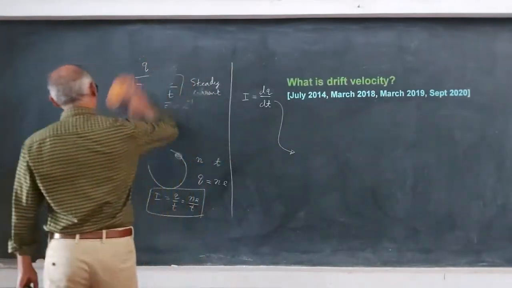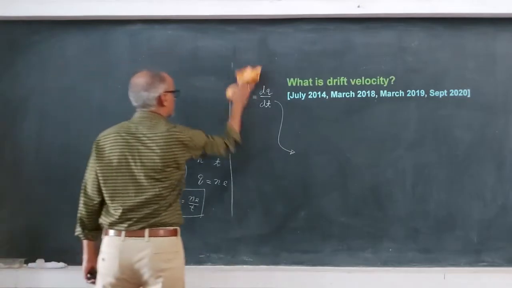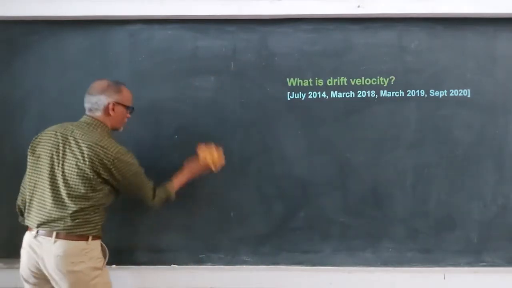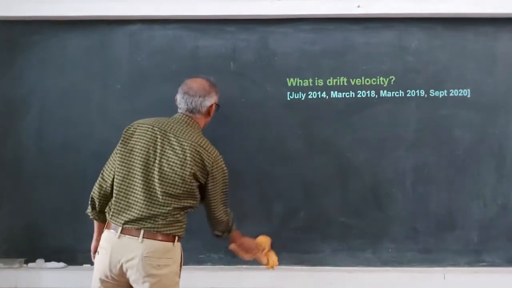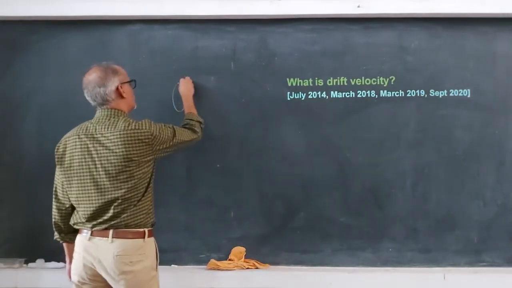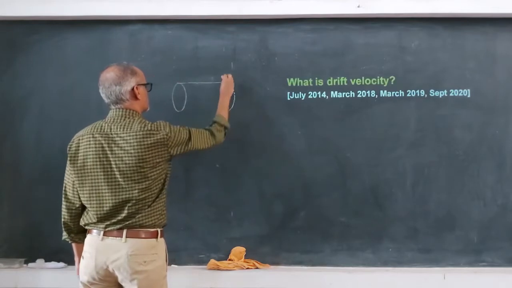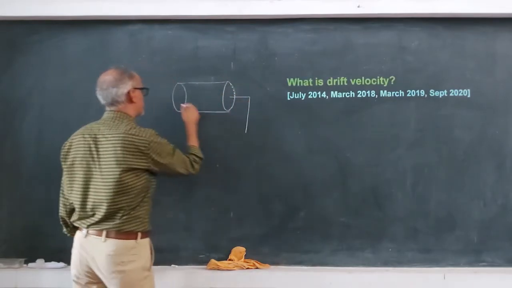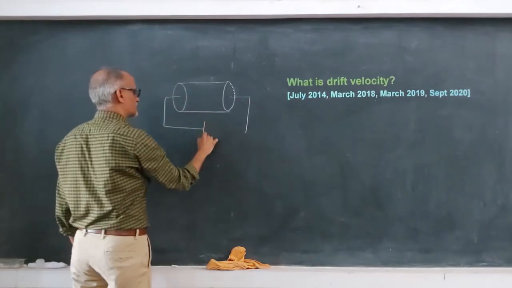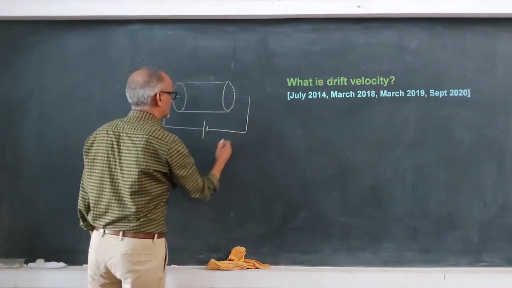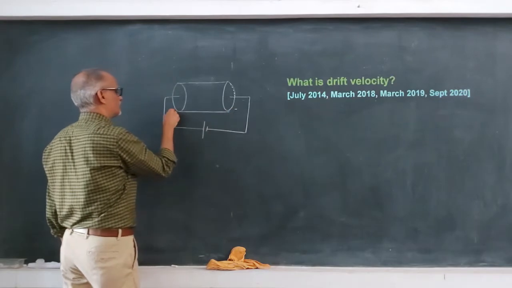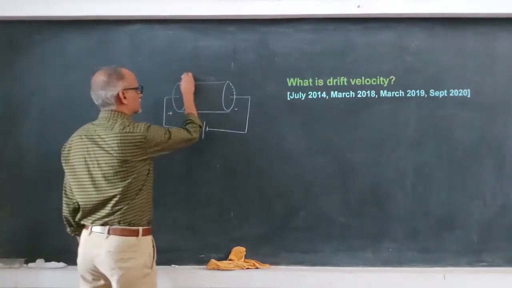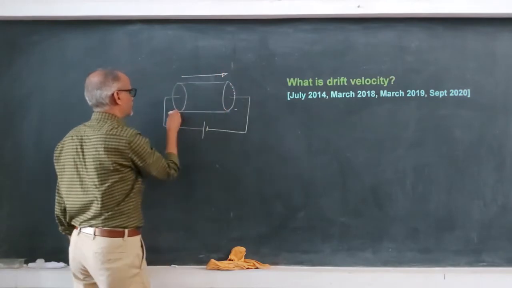Now, whenever electrons move through a conductor, let's consider a conductor in the form of a cylinder like this, and here we have a potential difference, which is very essential. Only then will there be flow of charges, and inside this conductor an electric field will be developed from positive to negative.